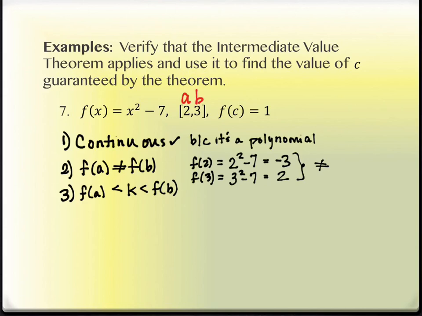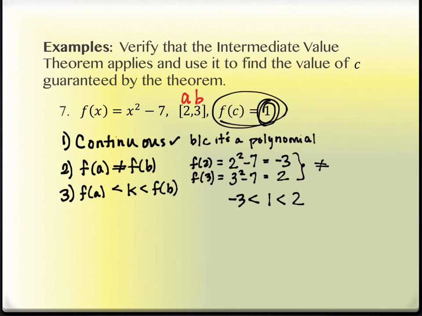And then the third thing to verify is that the value that I'm looking for, the y value, actually occurs between those two. Right? So this negative 3 is in fact less than the 1, and it is less than the 2. This 1 is in between them, and it is. So that's step 3.